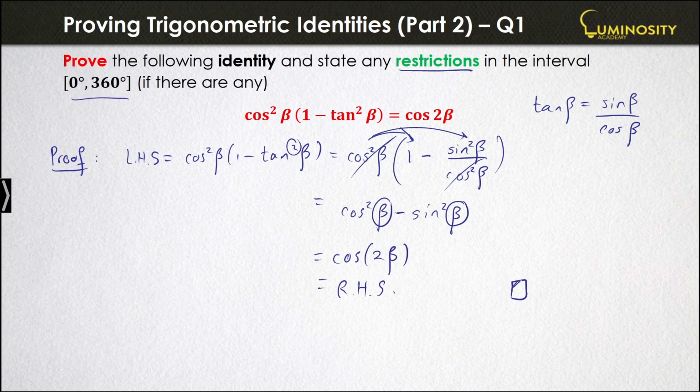Okay, so the right-hand side is cos, and cos has no real restrictions. But on the left-hand side, there is a tan term there. So we've got to keep cognizance of the fact that there's a tan term there. So we know that tan has asymptotes at 90 degrees. Okay, so if I think of tan beta or tan squared beta, that's tan beta all squared.